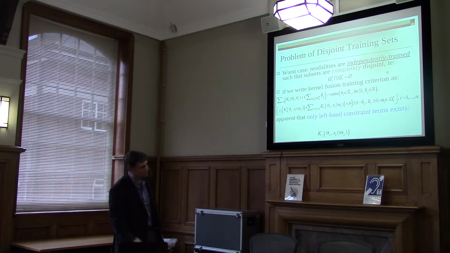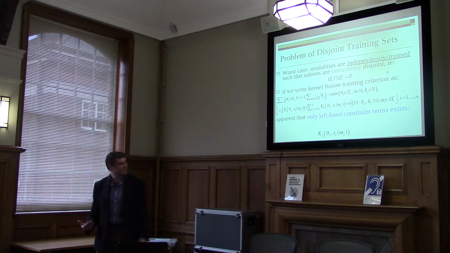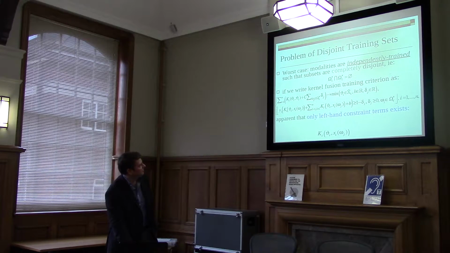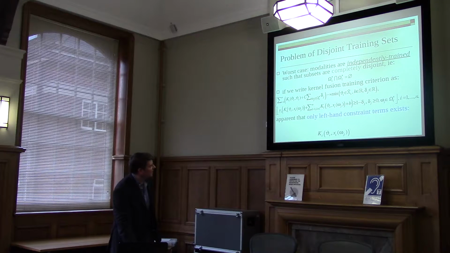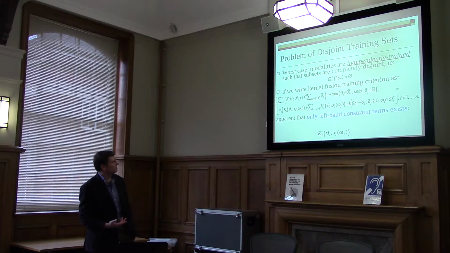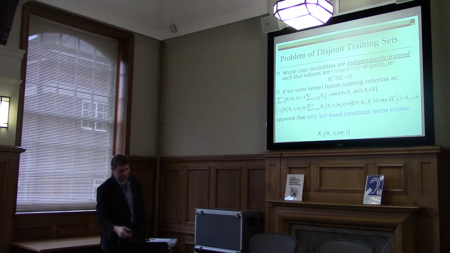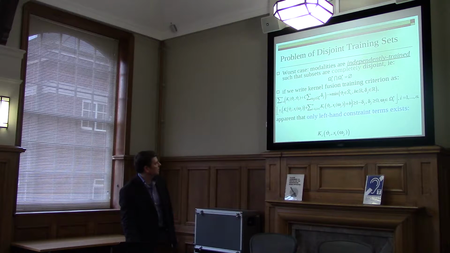So you can see what happens with the support vector machine optimization when you have this complete lack of coincidence between the objects in the individual modalities. So if you write the kernel fusion training criterion as before, but now what we're doing is splitting up the summation into the kernel specific, into the objects that are specific to that modality, and we have a range of objects that aren't represented in that modality.